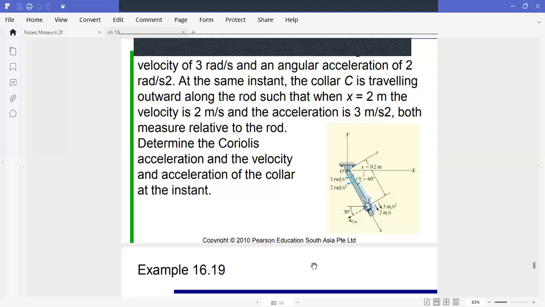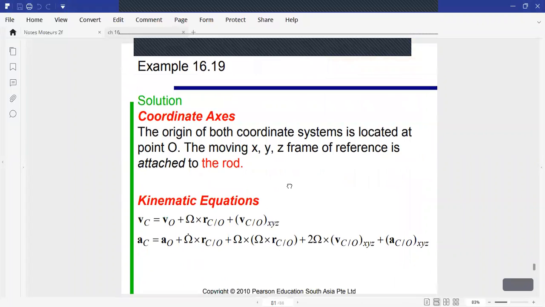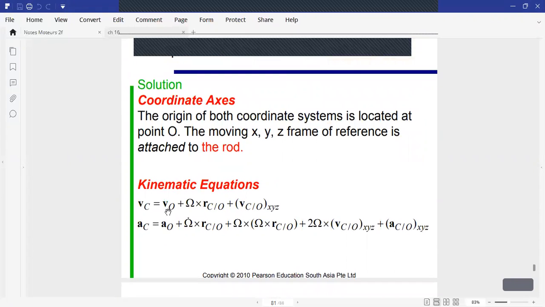Now we will apply the kinematics equation. Vc equals Vo plus omega vectorial OC plus V relative, and AC is equal to AO plus alpha vectorial OC minus omega square OC, a term that is always there in 2D.